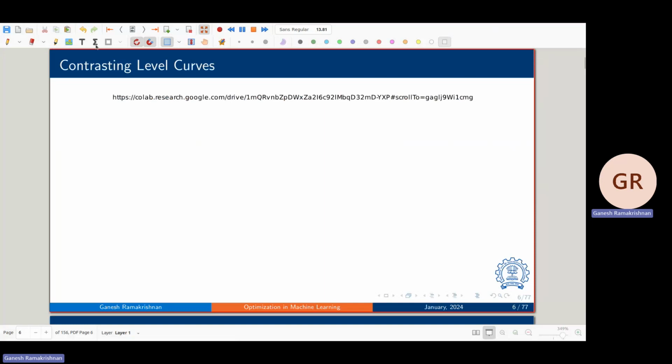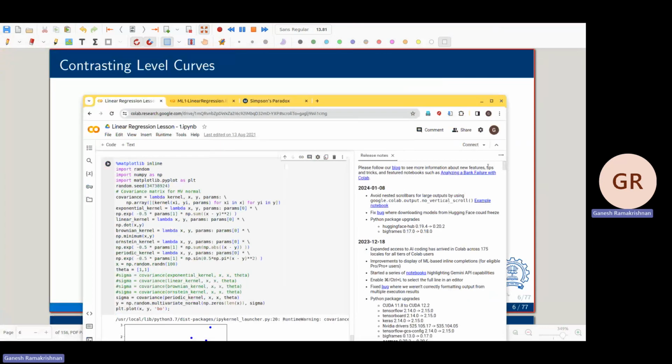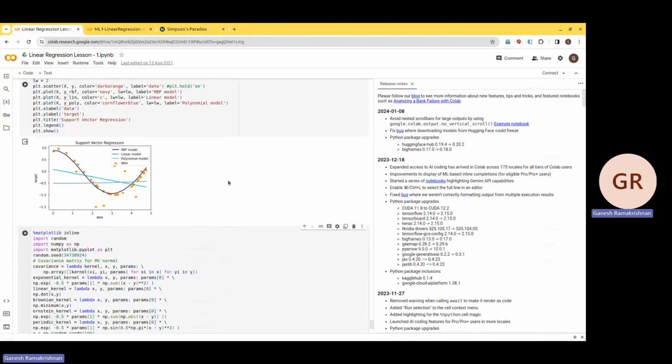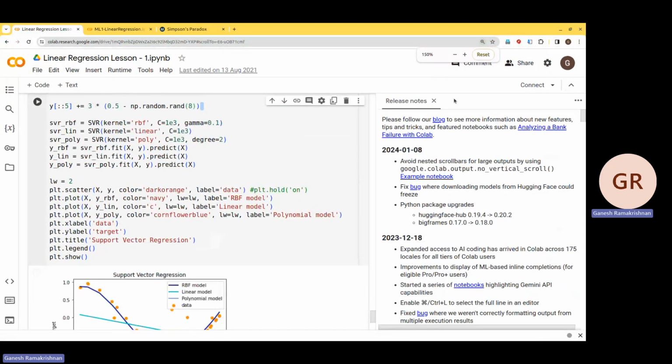Okay, so I have this Colab notebook. Let me bring that up. Okay, so in this Colab notebook, this is visible.